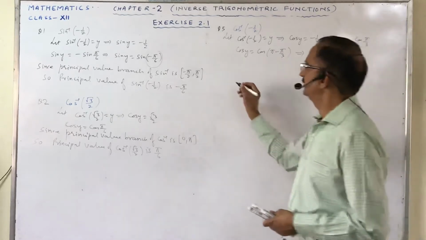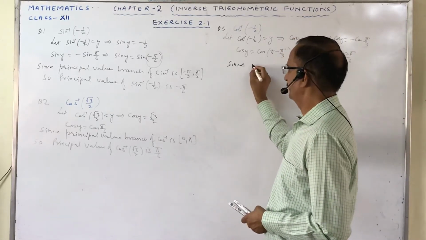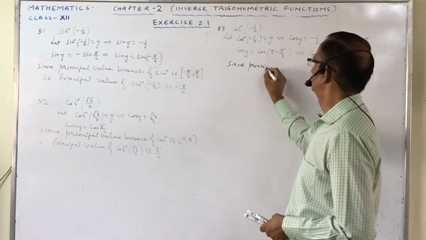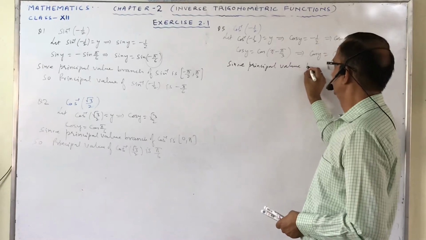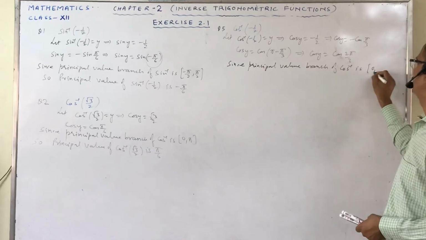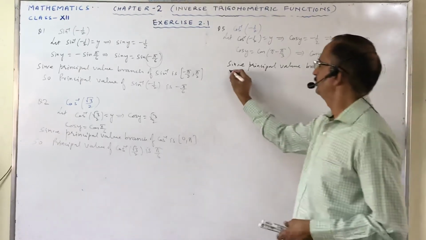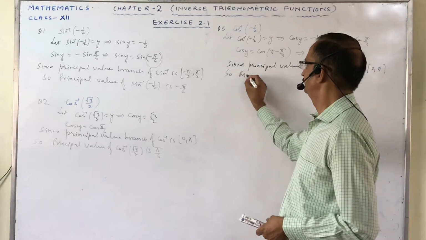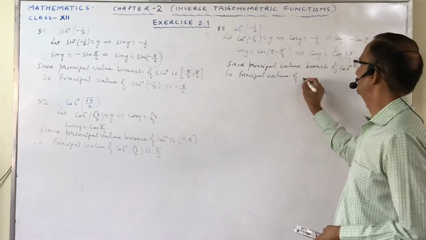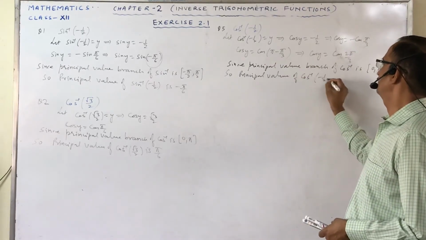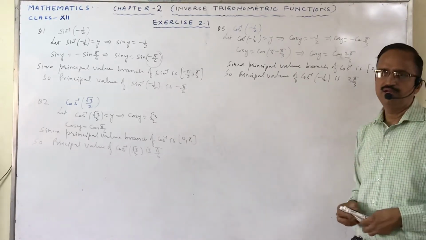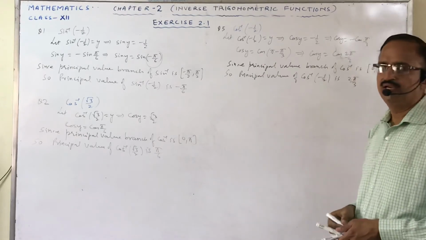So we can say that since the principal value branch of cos inverse is 0 to pi, the principal value of cos inverse minus 1 by 2 is 2 pi by 3. Now one more question I am taking, that is question number 10.